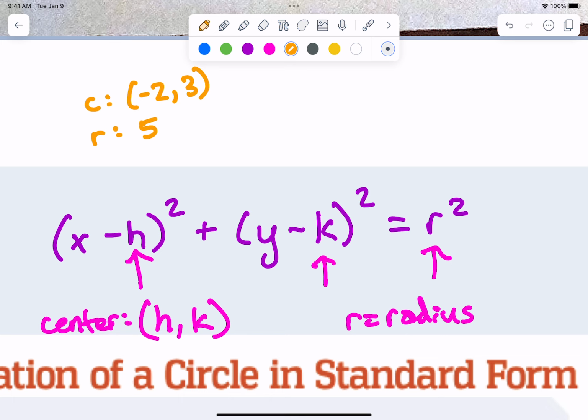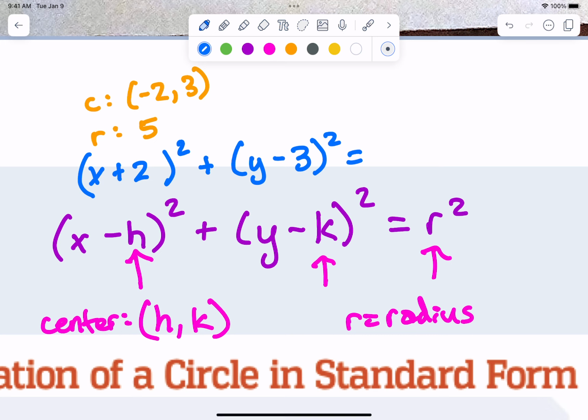If my circle is centered at -2, 3, it will be x plus 2, because minus a negative turns it to +2. In other words, when you put it into the equation, it turns the sign opposite, right? Plus (y minus 3) squared equals 25 because we square the 5. Does that make sense? And that's it. That's all you have to do, right?